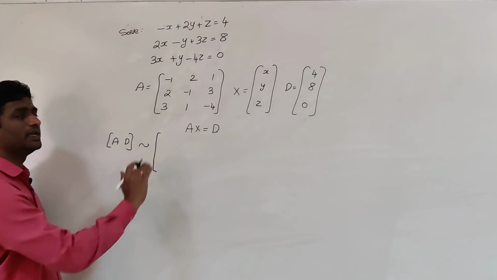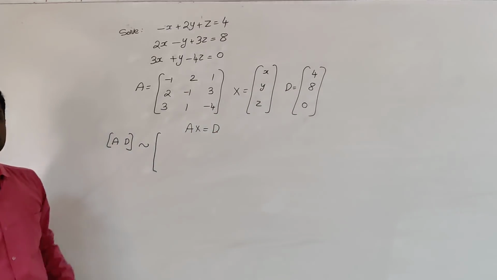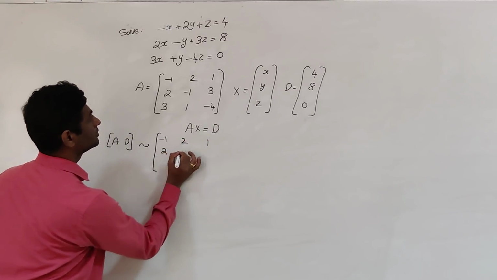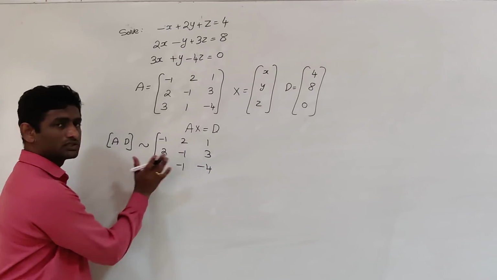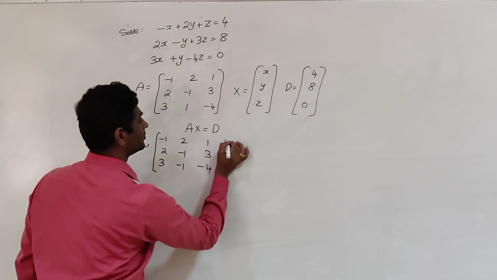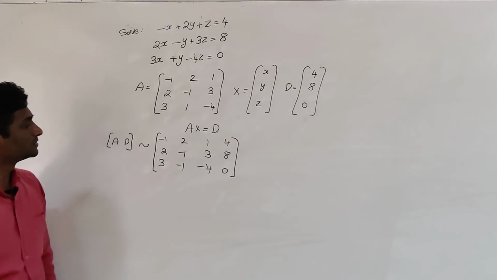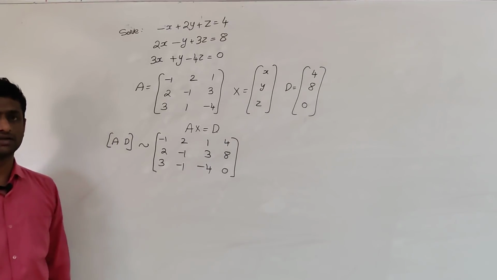Just joining the column of the constant matrix to the coefficient matrix: minus 1, 2, 1, 2, minus 1, 3, 3, 1, minus 4. This is A. Now join the 4, 8, 0. Now it is a matrix of size 3 by 4. Now we will find out what the rank is.